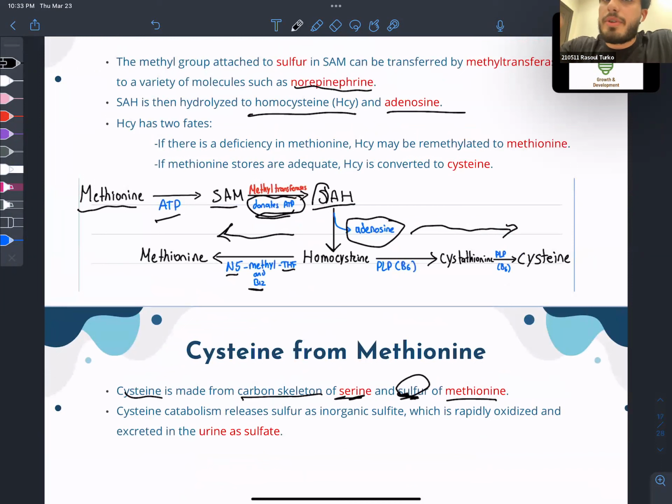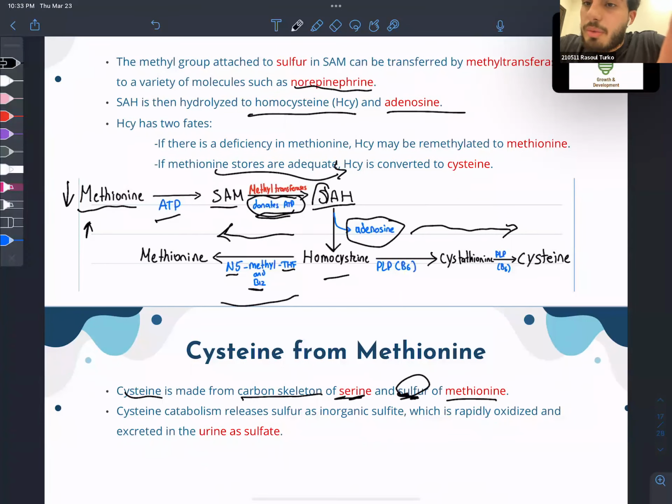So they're saying that this person has low methionine. If there's low methionine, that means they're going to go through this pathway, come down to homocysteine, and then because there's no methionine here, the pathway is going to go this way, and we're going to produce more methionine. That will lower the amount of cysteine we have in our body, because cysteine would only be produced if we have enough methionine.